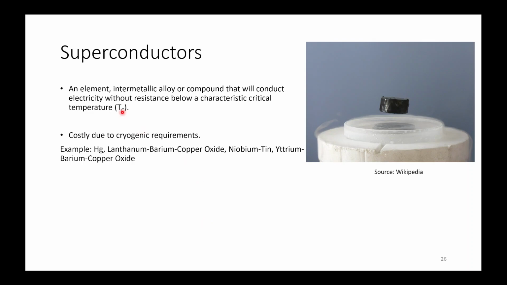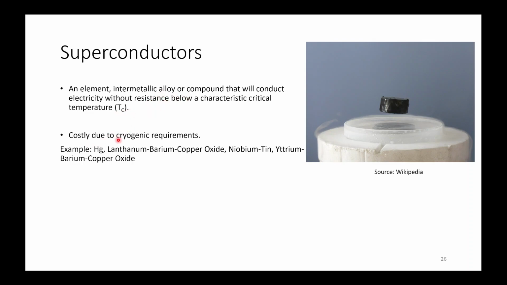Other category is superconductors. So these are some element, it can be directly an element or intermetallic alloy or a compound that will conduct electricity without resistance below a characteristic critical temperature, whose symbol is Tc. So below this temperature, this material will have zero resistance.